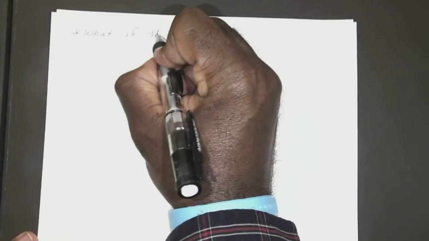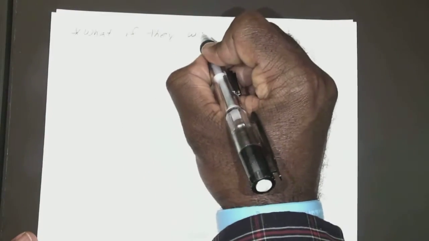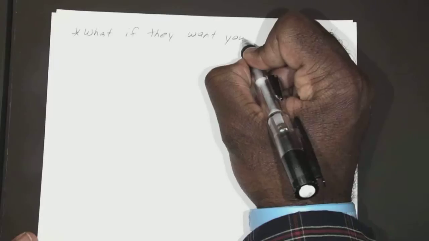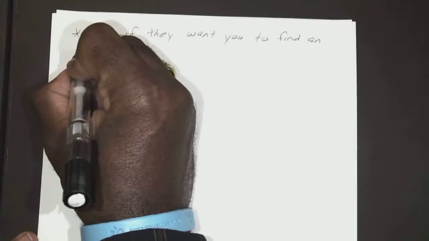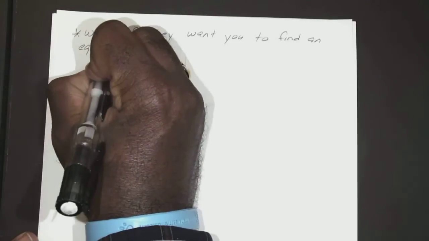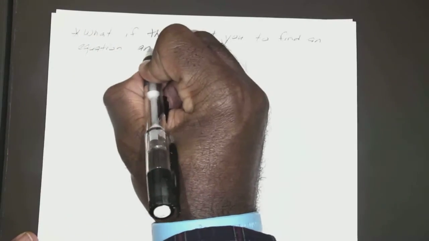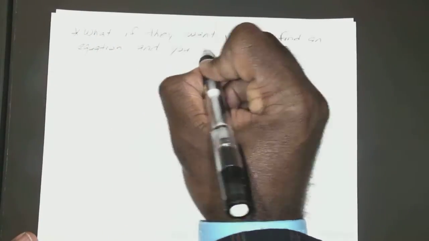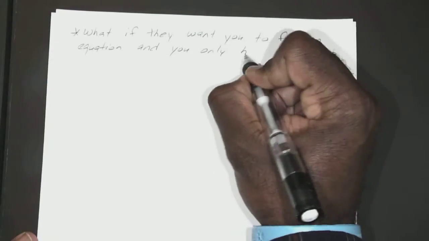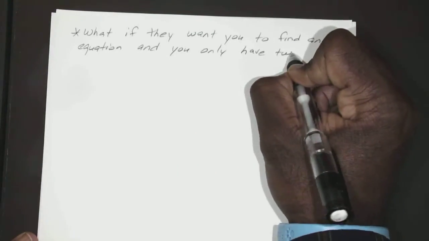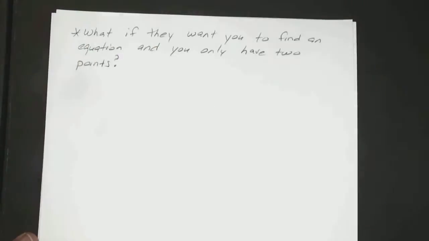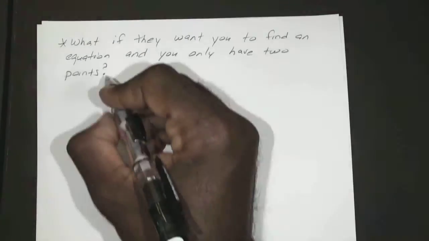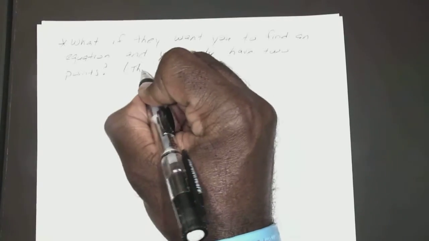Okay, so what if they want you to find an equation and you only have 2 points? Okay. In other words, they didn't give you a slope.